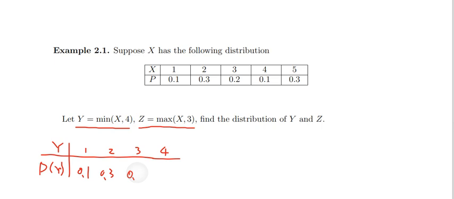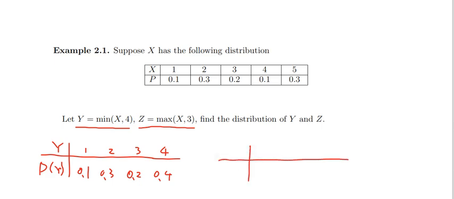When X equal 4, Y equal 4. When X equal 5, Y also equal 4. So Y equal 4, we can put these two cases together. So let's say 0.4, right? Okay.